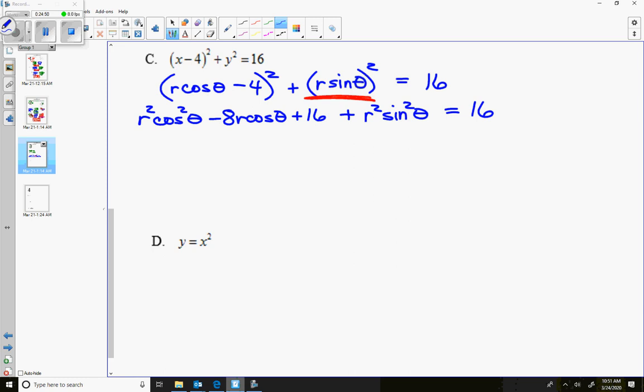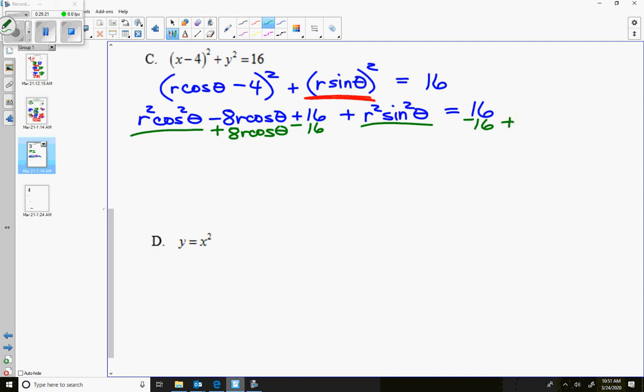Now, hopefully you recognize some things. I'm going to leave these two right there where they are, and the rest of the stuff I'm going to move to the other side of the equal sign. So we're going to subtract the 16. Just going to make those go away. But we're also going to add 8r cosine theta.